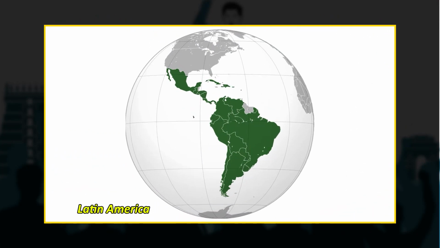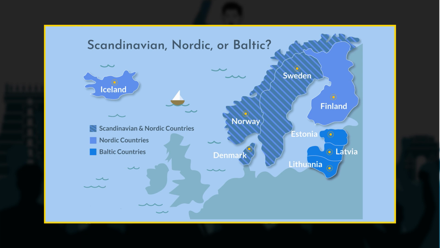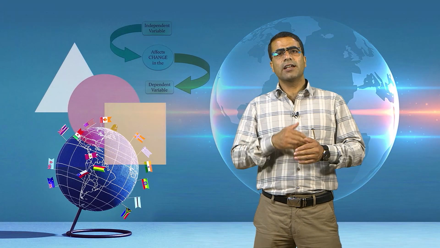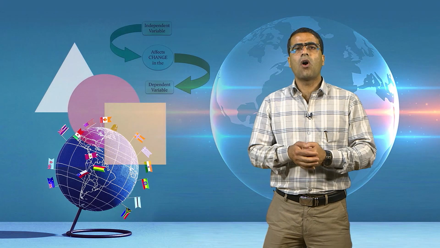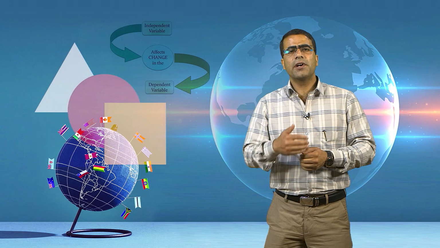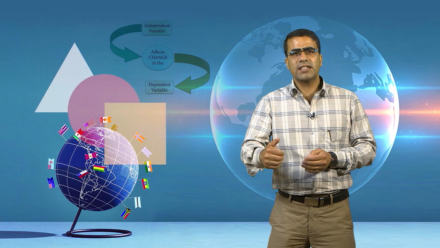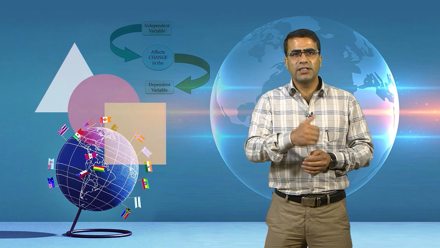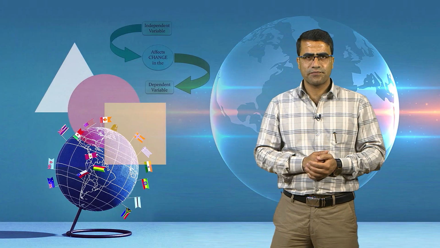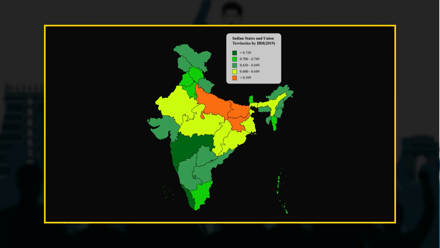For example, comparing countries within Latin America or Scandinavia or Asia. Another alternative is studying regions within countries or studying them at different points of time, as the problem of control is much simpler since they are within the same federal structure. For example, states within the Indian Union provide a rich laboratory for comparative research.